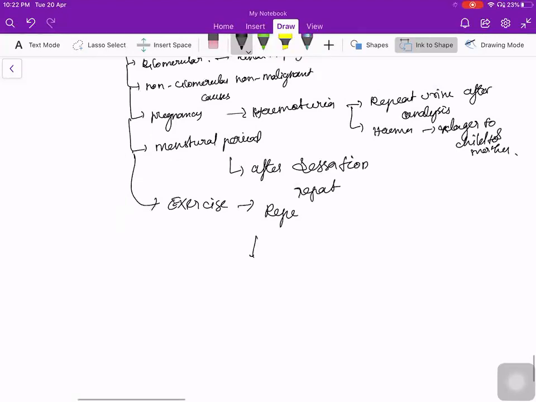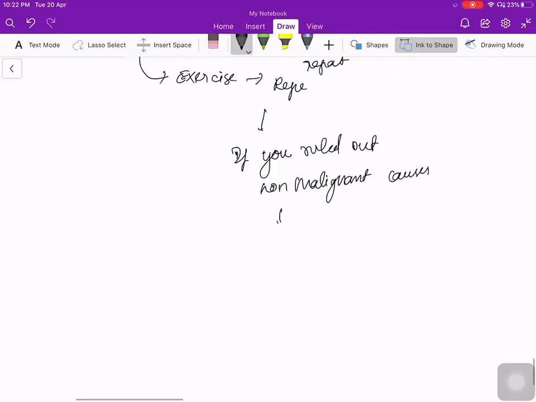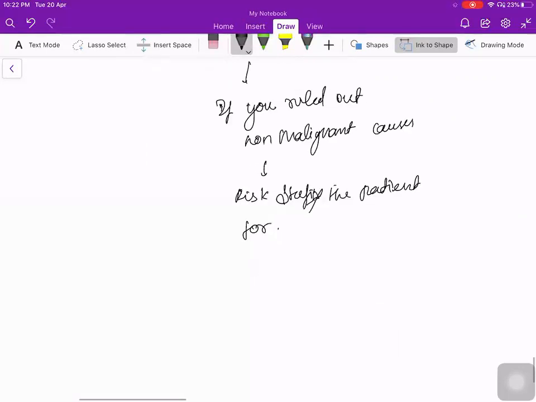So once you have ruled out non-malignant causes, we have to risk stratify the patient for genitourinary malignancy, that we have discussed.